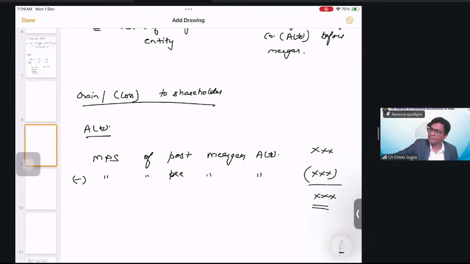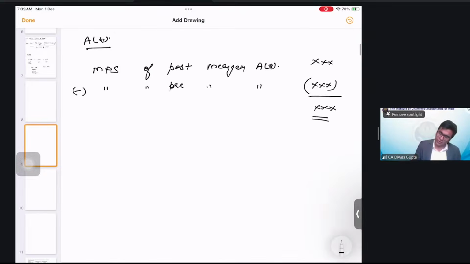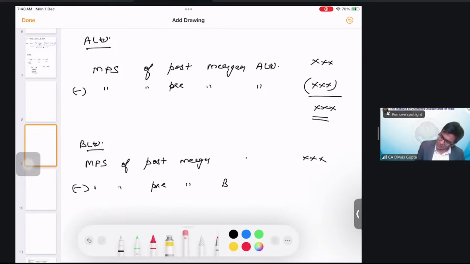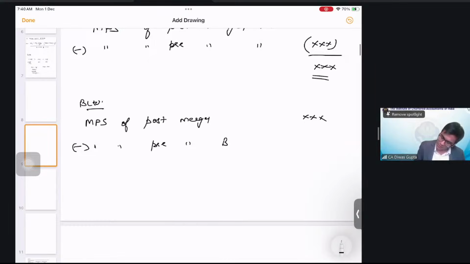Okay? Then the next part is actually a bit tricky for B Limited. How do you calculate the gain or loss to the shareholders of B Limited? By just comparing market price per share of post-merger B Limited less market price per share of pre-merger. Wait, this should not be B Limited but A Limited minus market price of pre-merger B Limited.